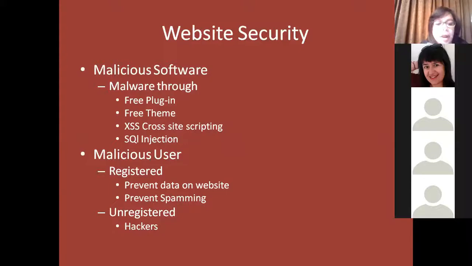And then there are unregistered users, who are hackers who do not need to register on your website, but they can still hack onto the website through some vulnerability. How do we prevent any kind of malicious user? Also through the login attempts that are allowed.